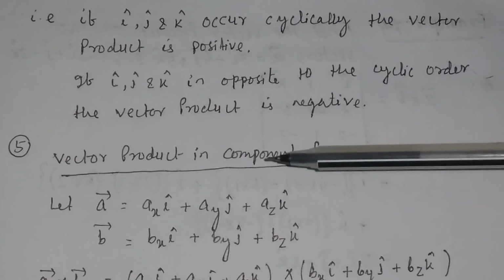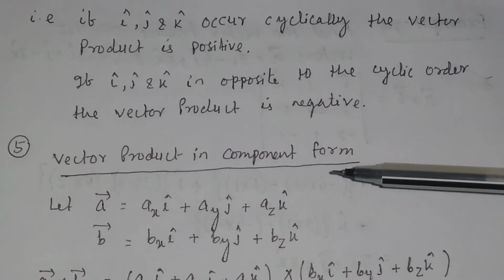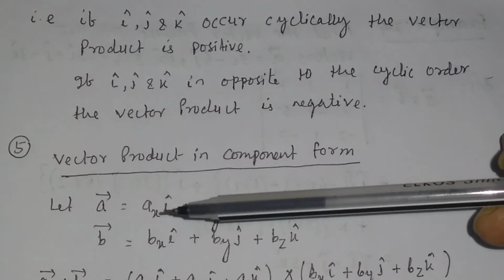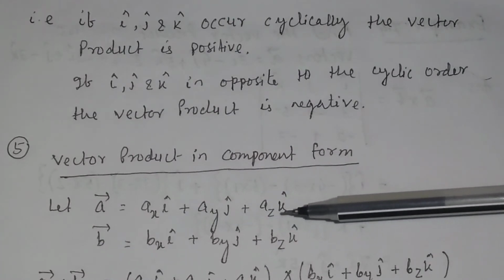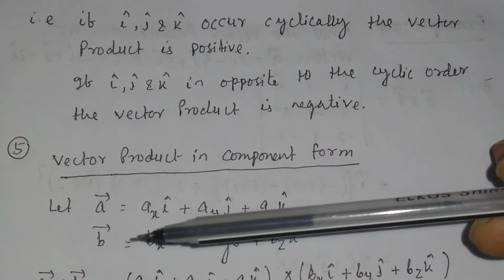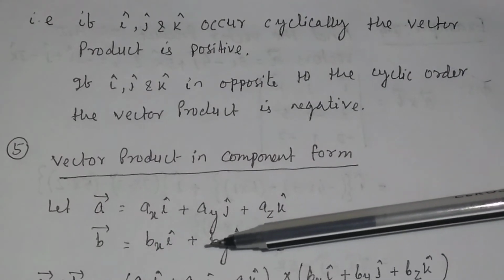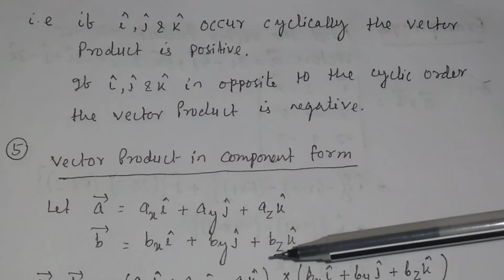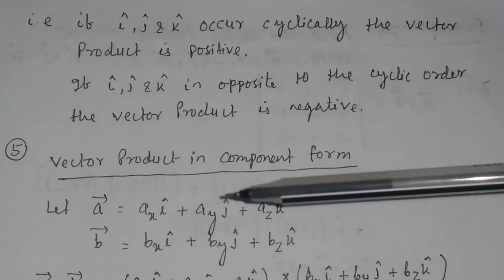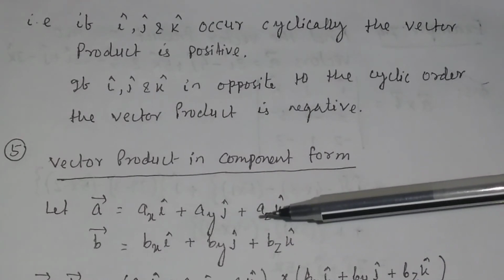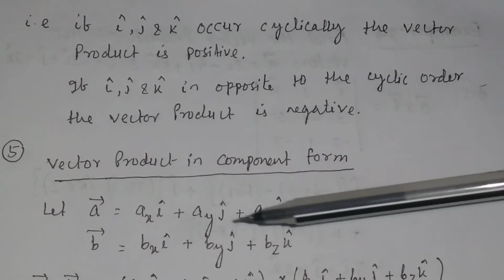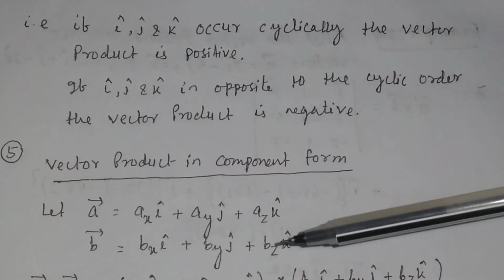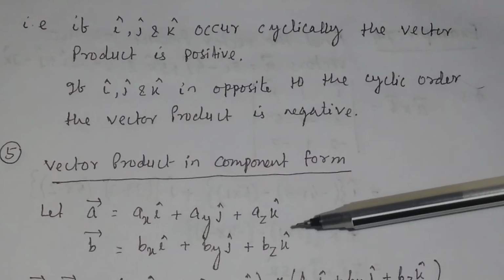Now we'll discuss the vector product in component form. Suppose you have two vectors, A vector is ax i cap plus ay j cap plus az k cap and B vector is bx i cap plus by j cap plus bz k cap, where ax, ay, az are the components along i, j and k axis. Similarly, bx, by, bz are the components along i, j, k axis respectively.